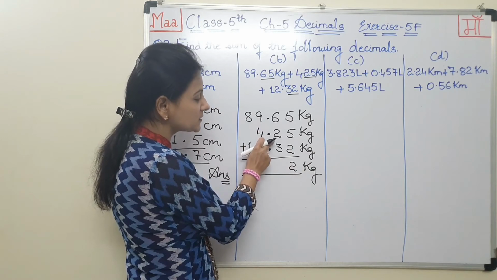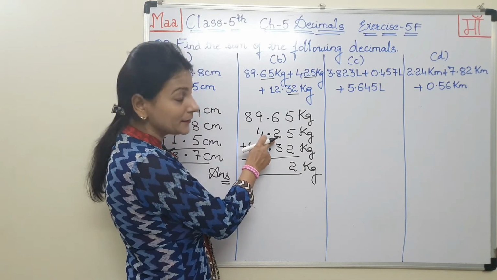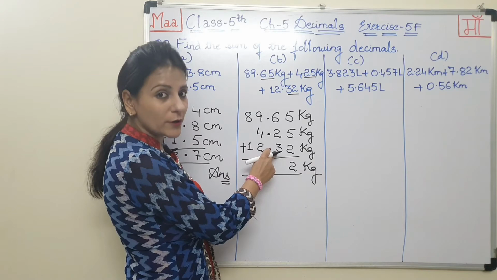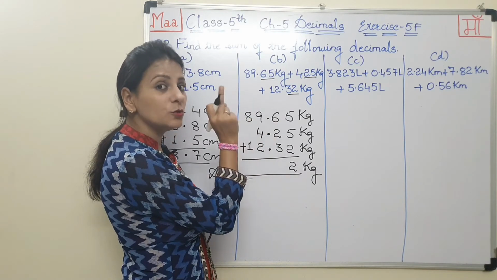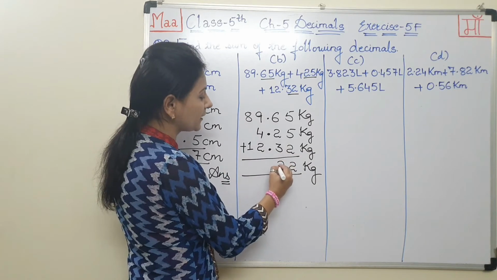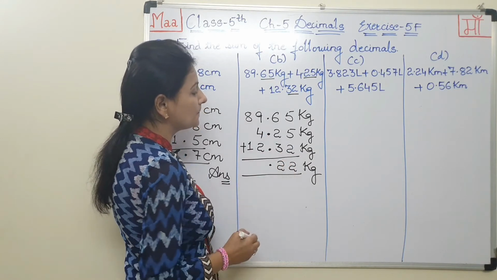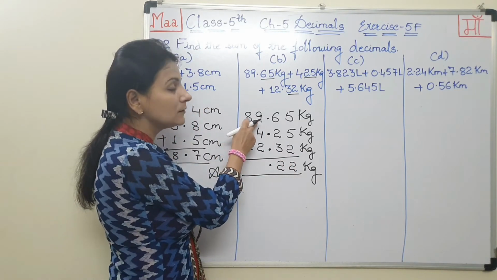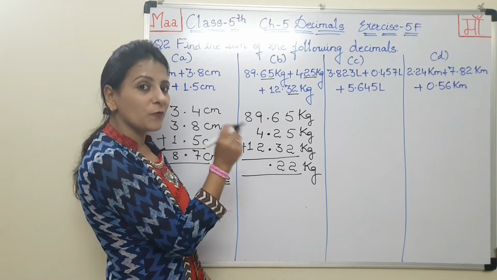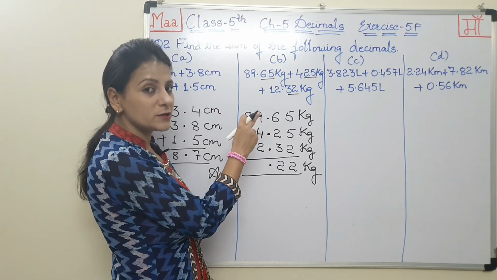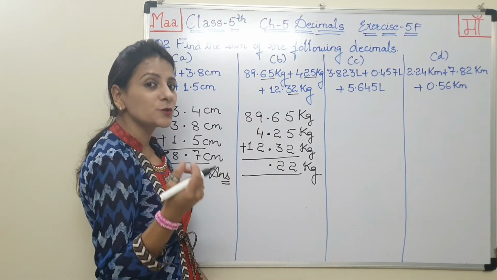Then 6 plus 2 is equal to 8. 8 plus 3 is equal to 11, and 11 plus 1 which was there in our mind is equal to 12. So 2 will come here down and again 1 in mind. Now 9 plus 1, here I am adding the carryover 1 firstly. So 9 plus 1 which was there in our mind is equal to 10.